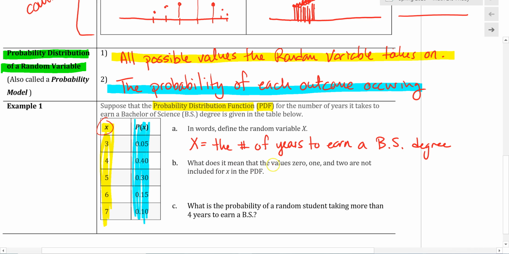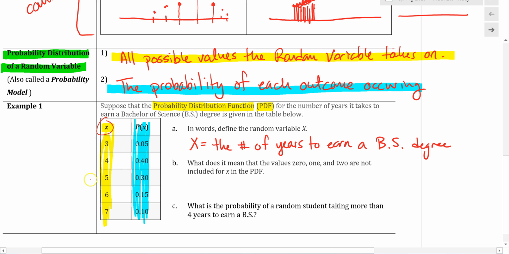Part B says, what does it mean that the values of 0, 1, and 2 were not included for x, the random variable, in this probability distribution function? So they're saying, how come x didn't take on the values 0, 1, or 2? It starts at 3.